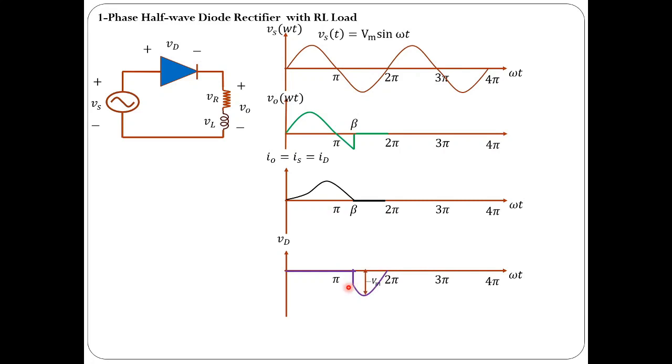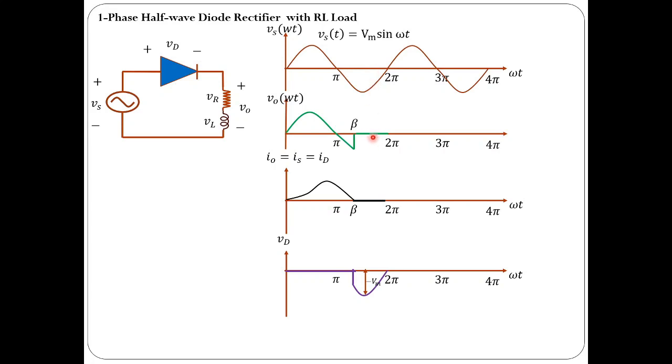So the peak value is going to be minus Vm in case this beta is less than 3 pi by 2, because the negative peak occurs for the input voltage at 3 pi by 2, right? In case beta is greater than 3 pi by 2, then the peak would occur somewhere here.